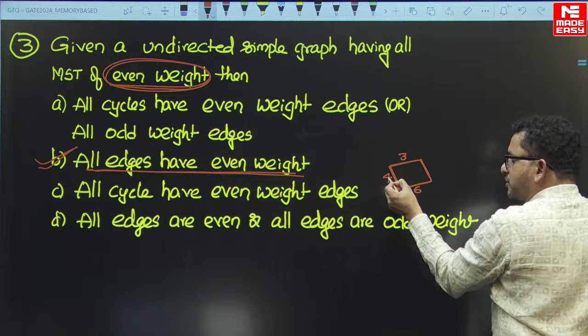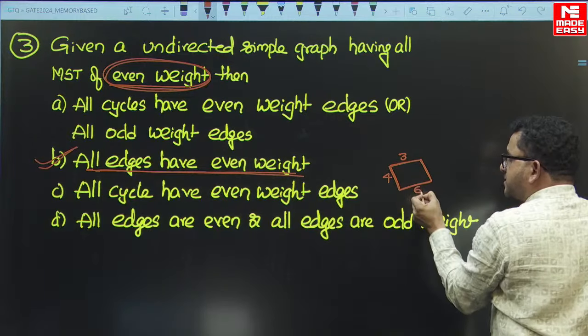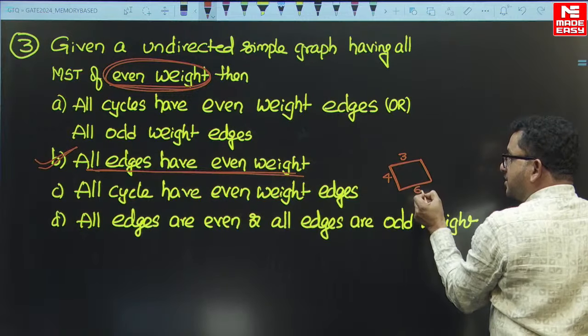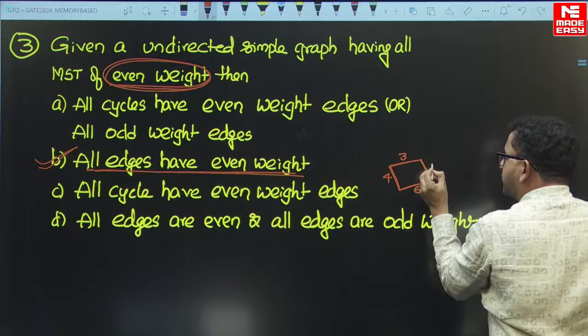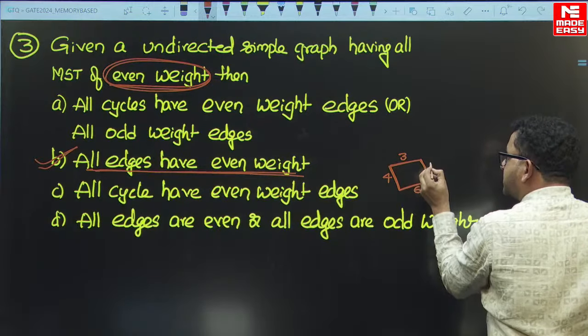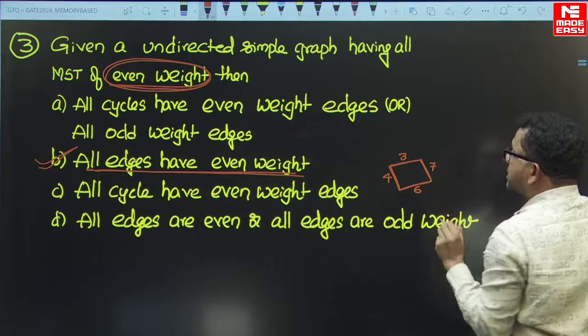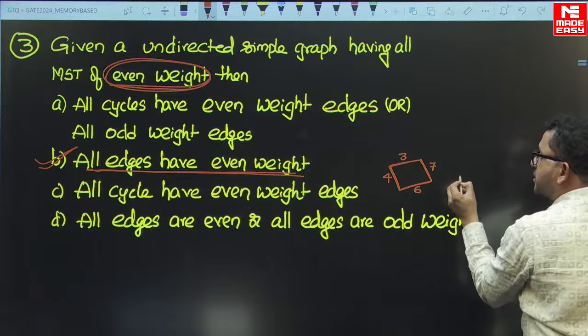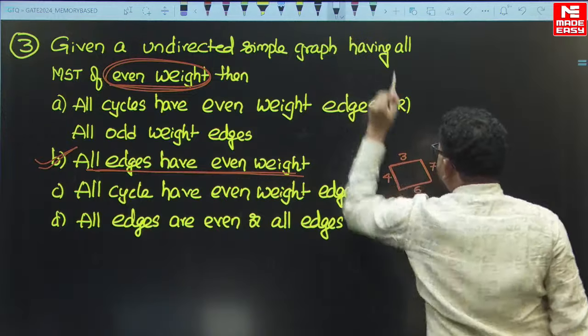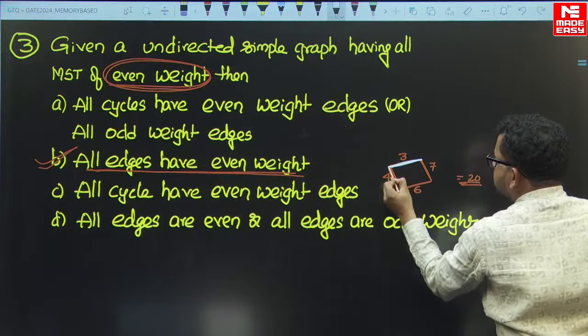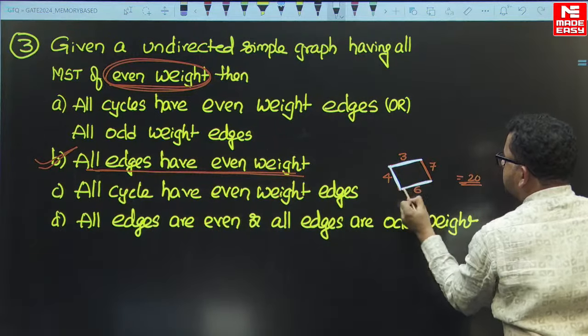So 3 plus 4 is 7, plus 6, 13. If this edge weight is 13 and I take 7, the total becomes 20. It is even weight only, but the MST is not even. This edge is in the MST, this edge is in the MST, this edge is in the MST.